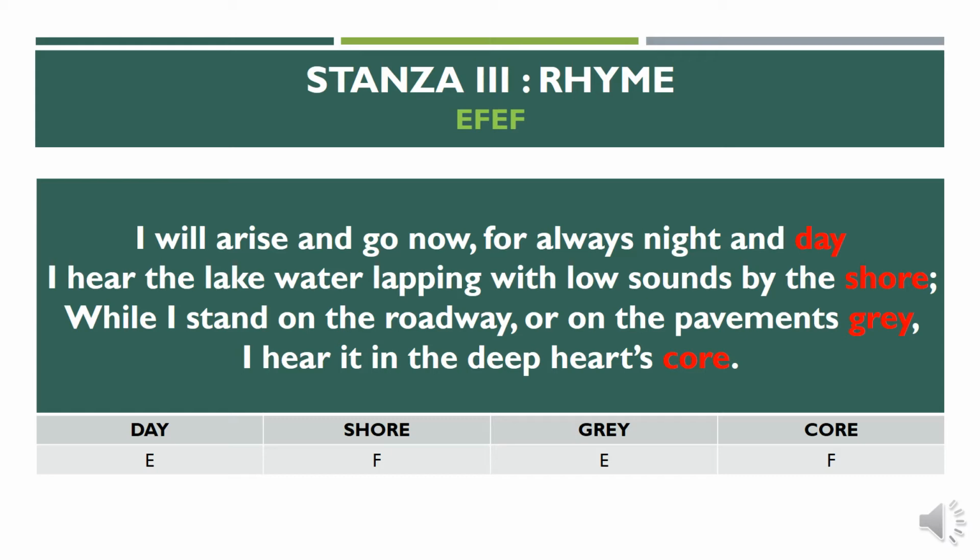After day we see shore, and shore is rhyming with core. So day, gray, shore, core: day will be given E and shore will be given F. So the rhyme scheme will be day E, shore F, then gray E, then core F. It will be EFEF.